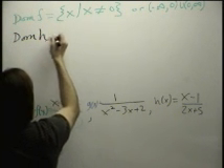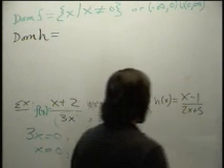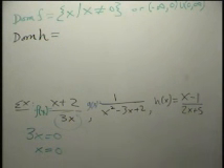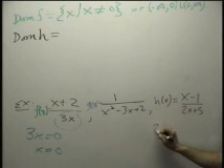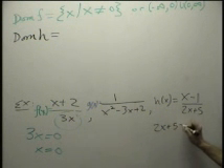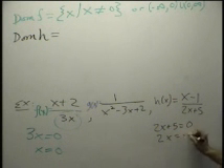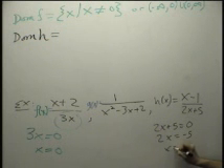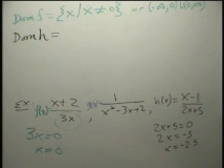The domain of h is, well, I have to figure out what is going to get left out here. And what's going to get left out is whatever makes that denominator 0. So I set 2x plus 5 equal to 0 and solve. So 2x equals negative 5. x is going to be negative 2.5.